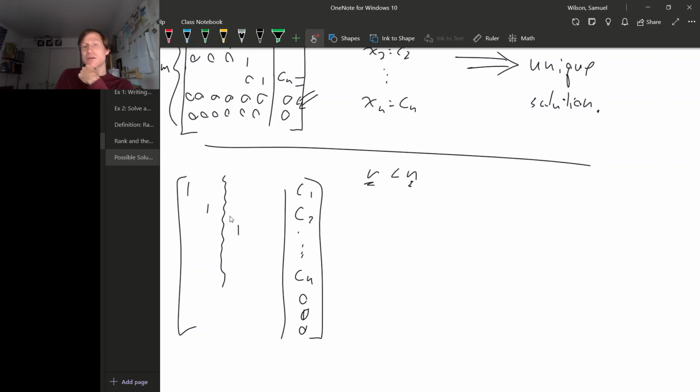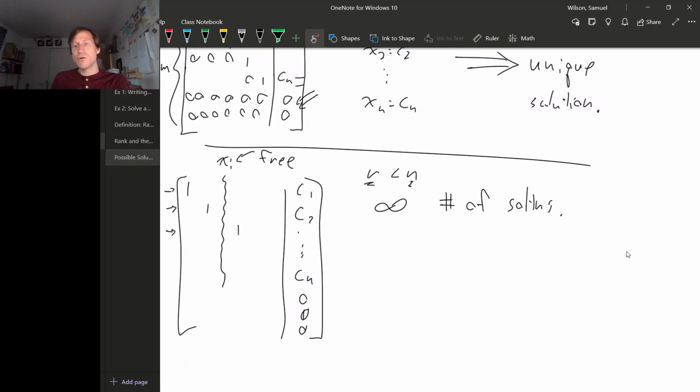But if you have a column without a leading 1, then that variable, call it x_i, has to be free, because it's only rows with leading 1s that lock down what a variable is. So if this isn't a pivot column, then that variable is free. And if you have a free variable, then you always get an infinite number of solutions. So in this case, we have an infinite number of solutions.